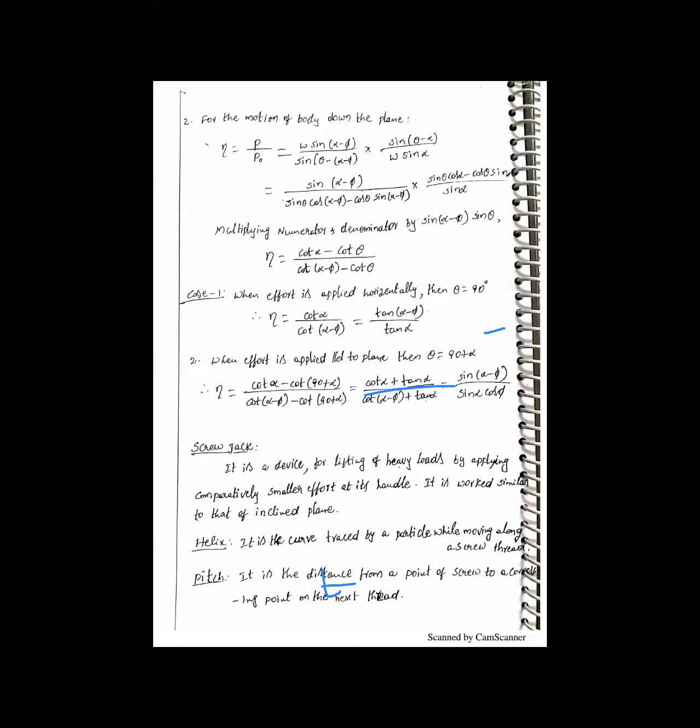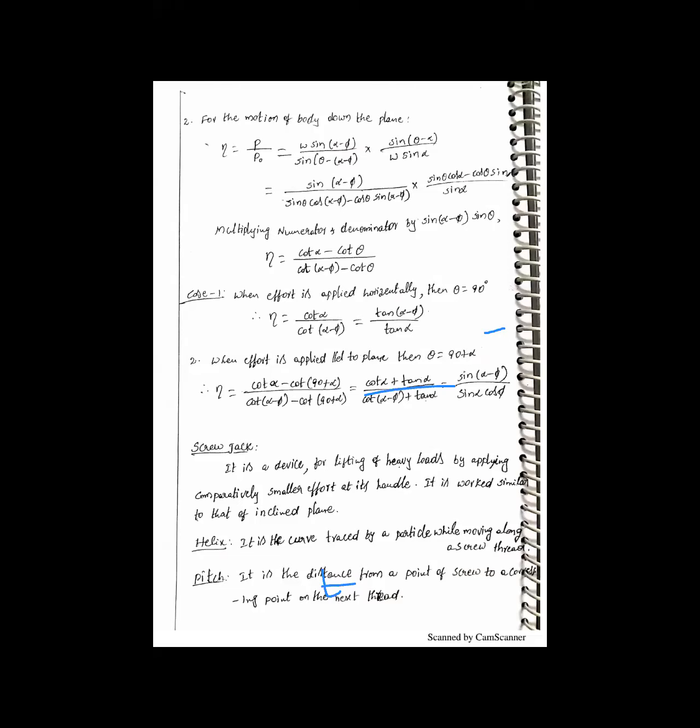That is also written as tan alpha minus phi by tan alpha. Next we substitute the theta value as 90 plus alpha. Then eta equals cot alpha minus cot of 90 plus alpha, and cot of 90 plus alpha means minus tan alpha.